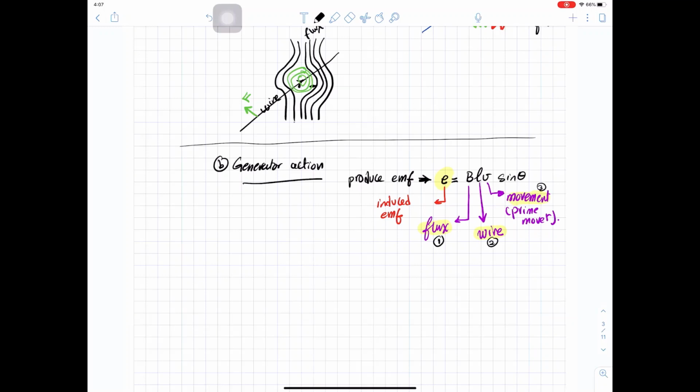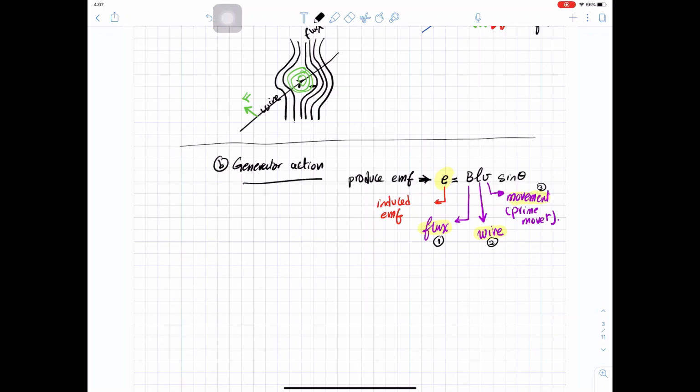And if you have a steam power turbine or steam power station, you are getting the movement from the steam turbine. If you have a hydro generation unit, you are getting the prime movement or the mechanical movement from the water flow, so it is hydro generation.